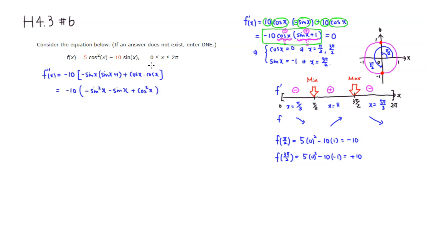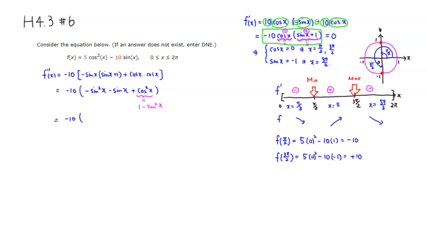Since I want to go all cosine or all sine, actually I want to go all sine. So I'm going to replace cosine squared by 1 minus sine squared of x. So negative 10 is still out here.